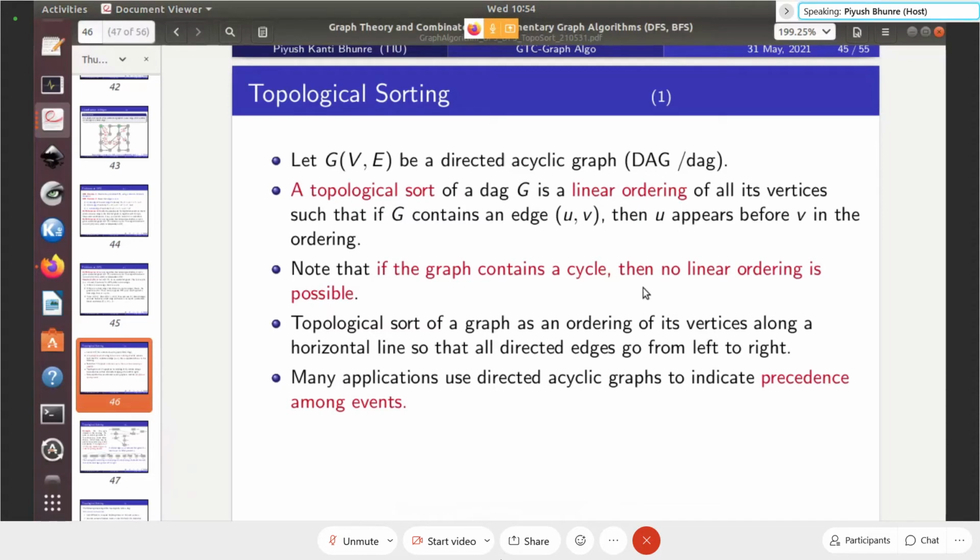And if there is a cycle in the graph, in a directed graph, a cycle is basically a closed directed path. If it starts from a vertex, say P1, then P2, then P3, and then comes back to P1, that means everybody in the cycle is waiting for others to complete. So it's an infinite loop, right? They never actually get the time.